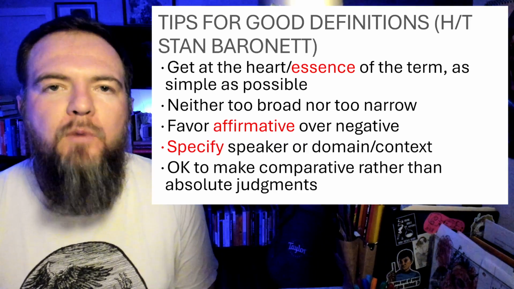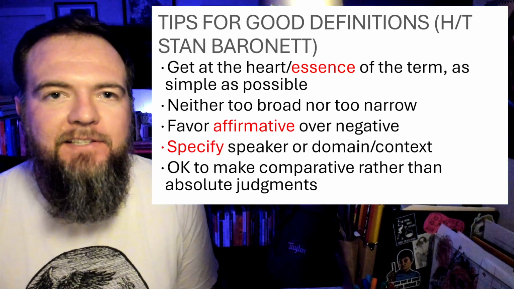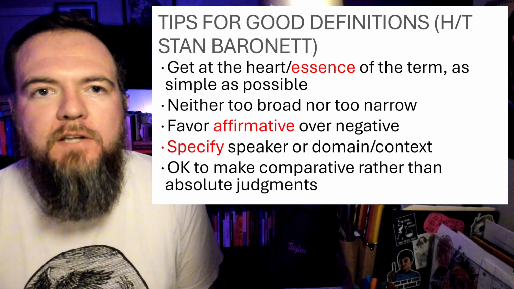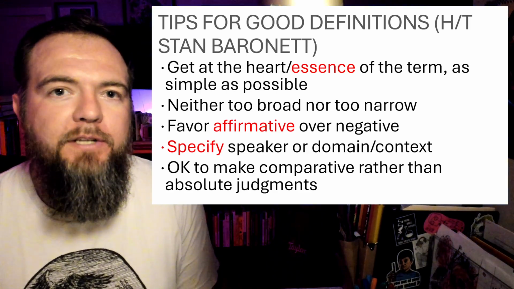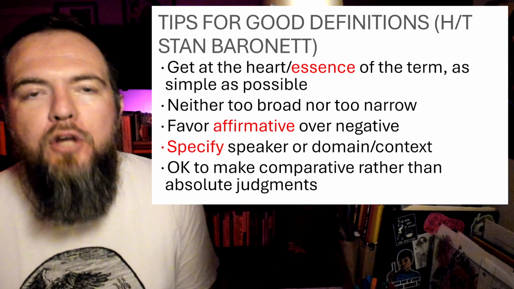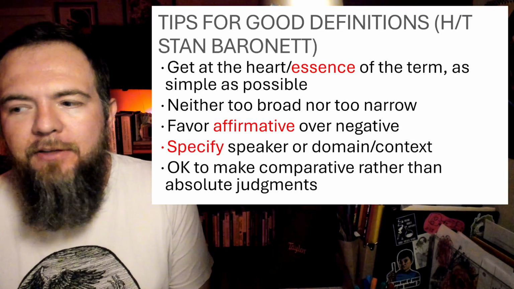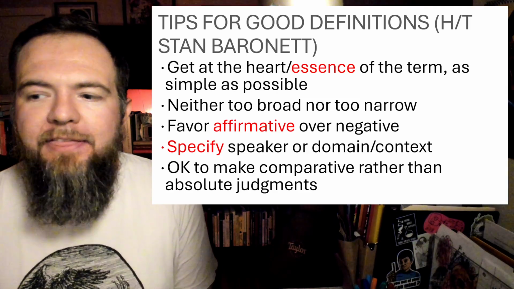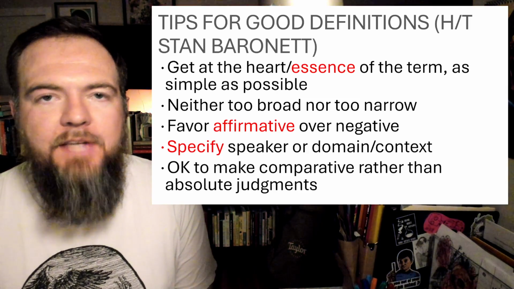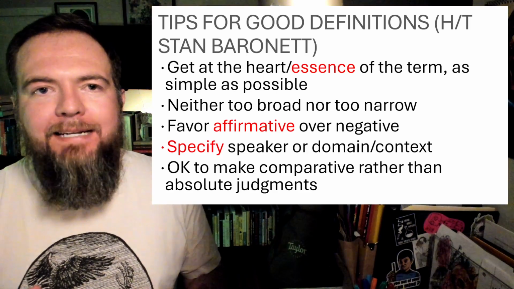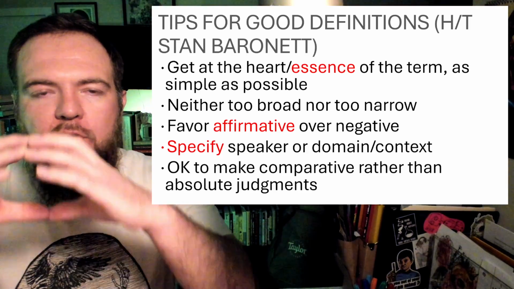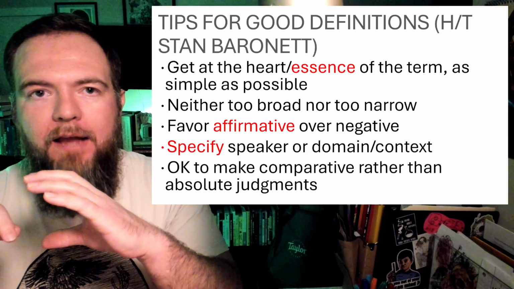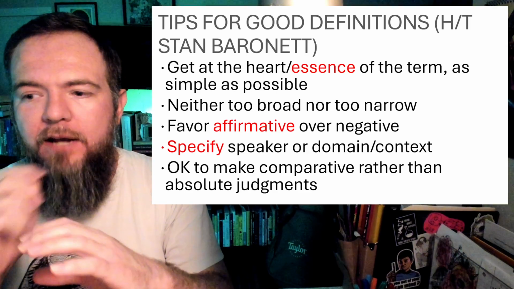So you always want your definition to get to the essence of the term, or get as close as possible to the most important qualities that you're trying to get at. You want your definition to be neither too broad nor too narrow. I think this is very easily seen in the example of the extension. Remember that diagram of the classes? The class is creating the circle that the objects go inside, and you're excluding other objects.